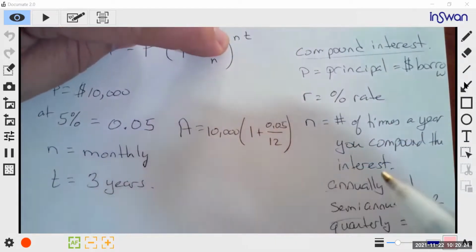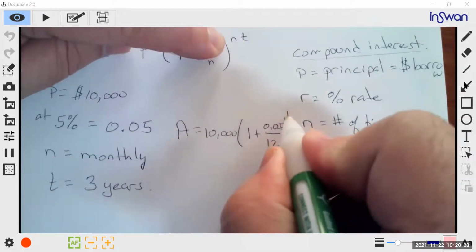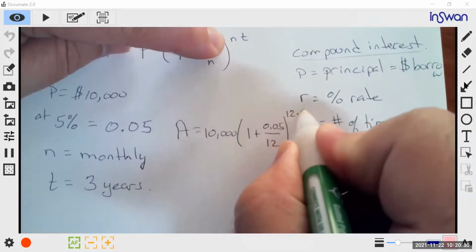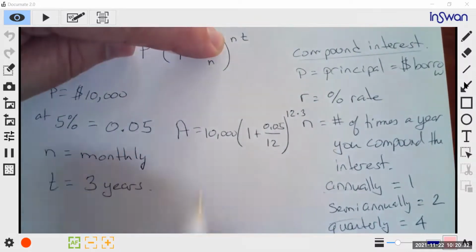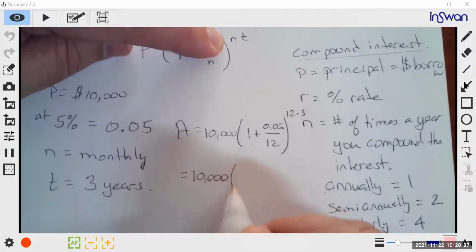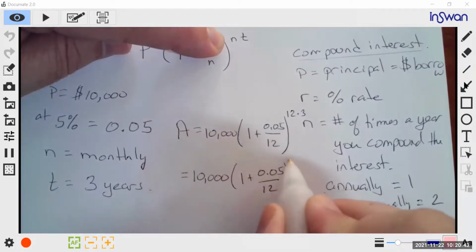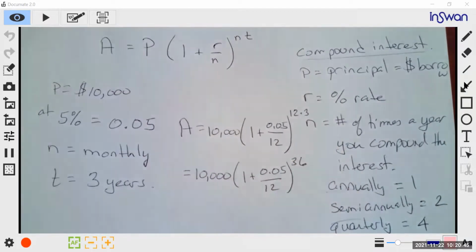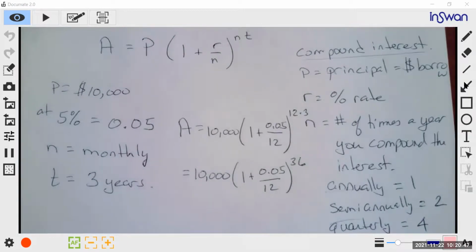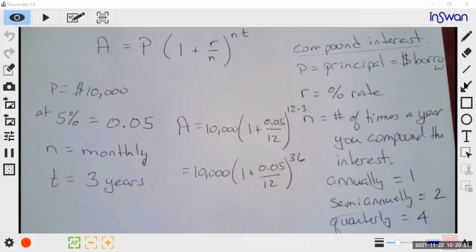To the power N times T. Twelve times 3. That'd be 36. So you punch that in your calculator, make sure you put parentheses and everything there.